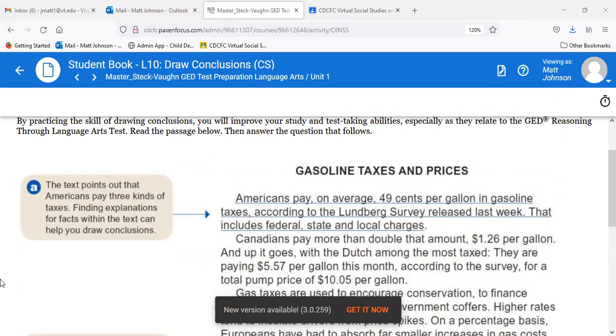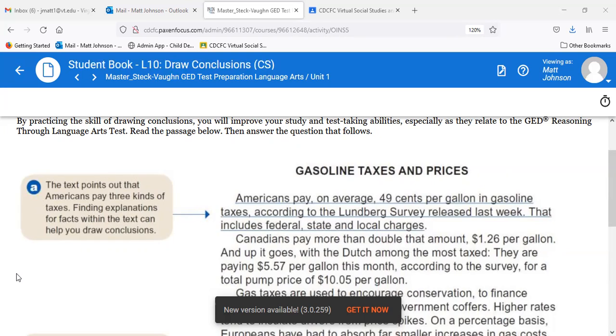And so over here, our underlying passage, it says the text points out that Americans pay three kinds of taxes. Finding explanations for facts within the text can help you draw conclusions. Right. So, why do we pay 49 cents per gallon in gasoline taxes?